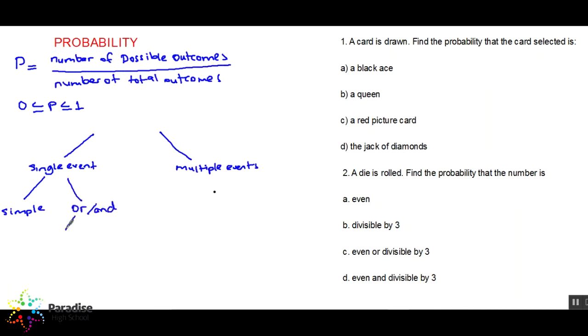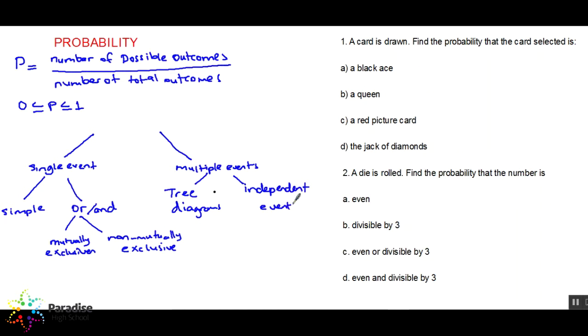And or questions is divided into two, that is mutually exclusive or non-mutually exclusive events. So, and if it is and question, then we apply a different formula. Multiple events, we apply tree diagrams, and there is independent events.